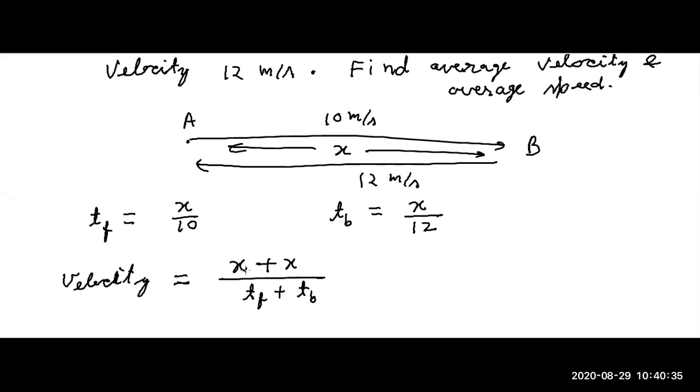But how much will be the total displacement? Actually it will be 0, because the particle is going forward and coming backward. So I should not write it like this, it will be 0. Because total displacement is 0, the average velocity is 0.